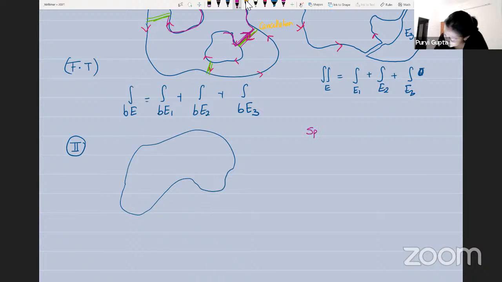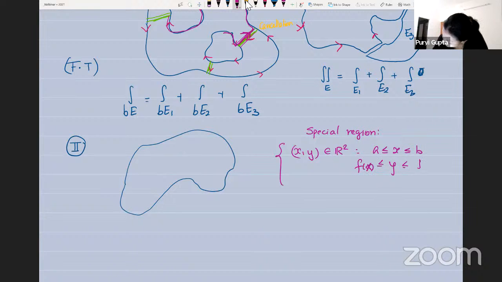Let me call it a special region. It is all those points in R2 such that X lies between A and B and Y lies between the graph of two continuous functions, f of X and g of X, where f and g are continuous functions on the closed interval AB.